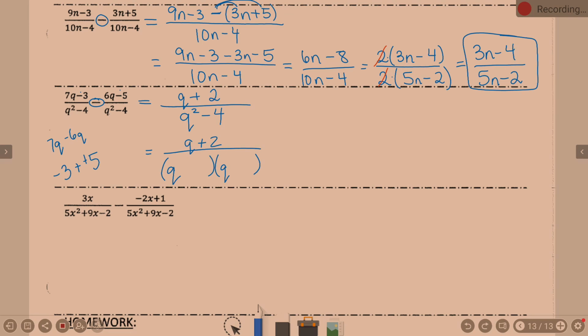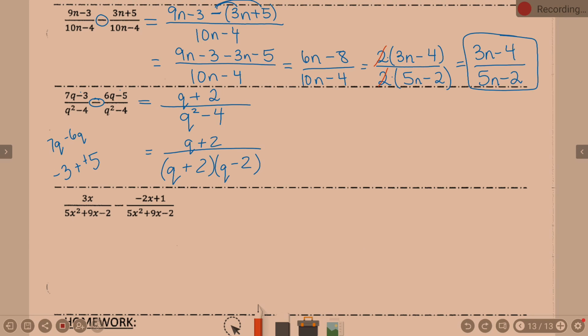Or in other words, what's the square root of 4? 2. So this is going to be 2 and 2. How do you get it to multiply to be a minus 4? One positive and one negative. So now I have a q plus 2 and a q minus 2.